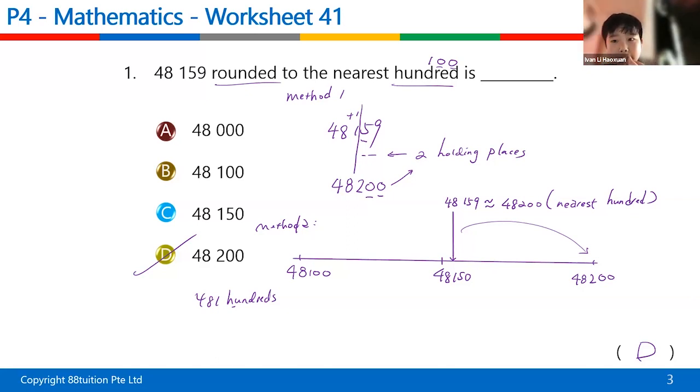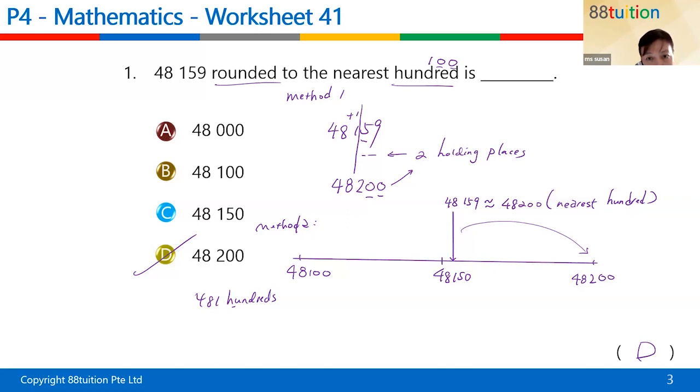Just remember the line, the graph, in our head, and then we do it mentally. Correct, but you must put the curvy line, equal sign and all that.